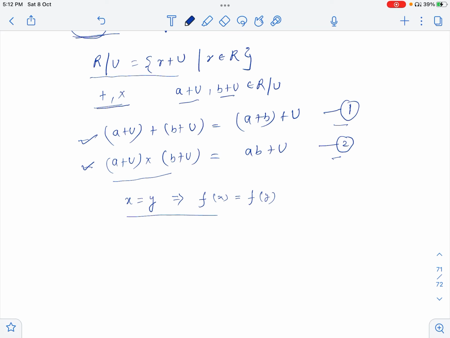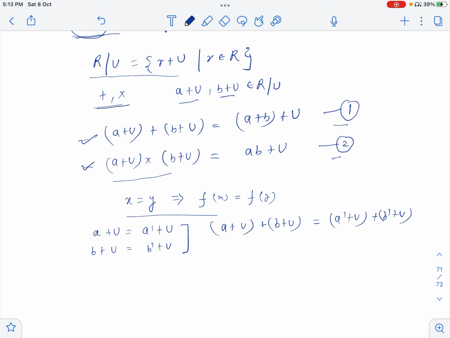So let us assume that a plus U is equal to a dash plus U and b plus U is equal to b dash plus U. To prove that these two operations are well defined, we have to prove that (a plus U) plus (b plus U) is equal to (a dash plus U) plus (b dash plus U).